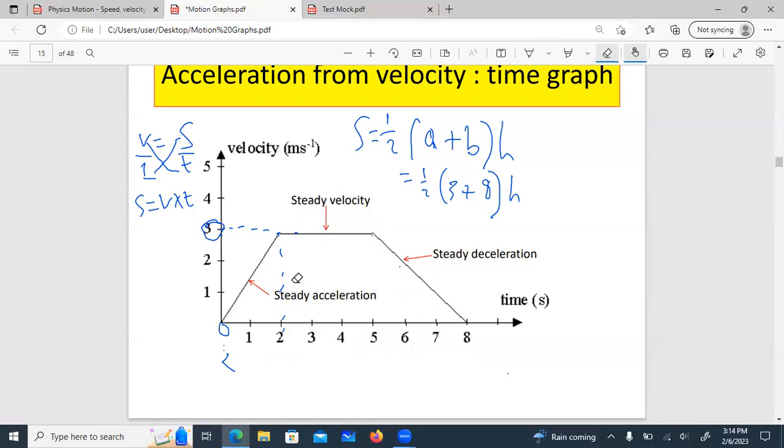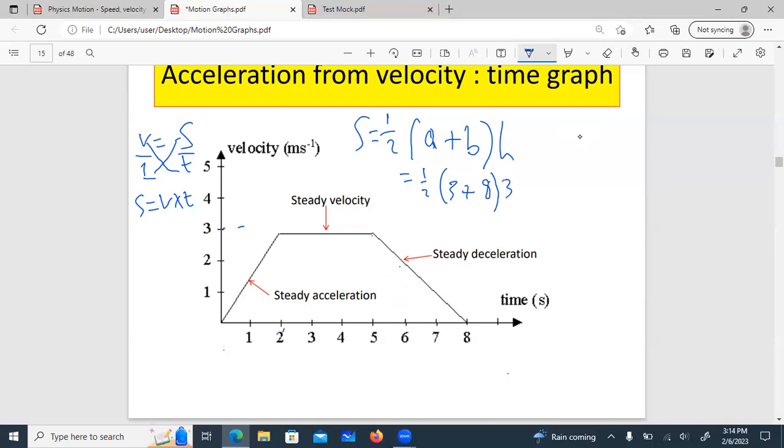How do we get our distance? Let's solve. So have open bracket 3 plus 8 close bracket multiplied by our height. Our height is 3, so I don't need to put h there. I'll put 3 here.